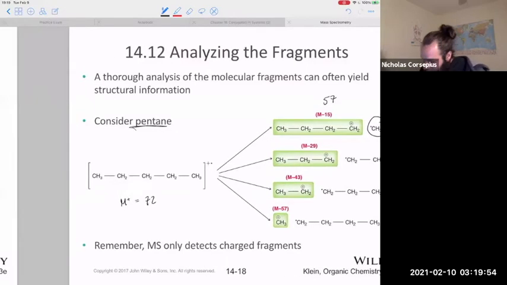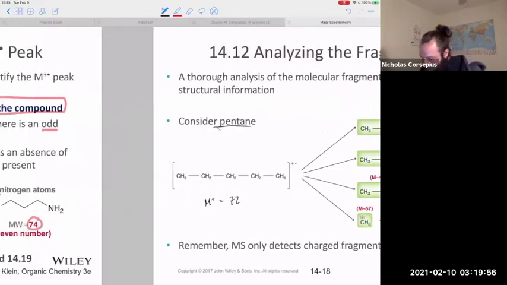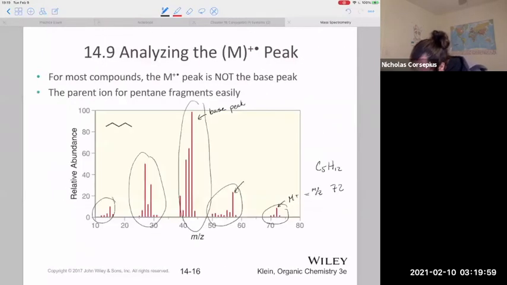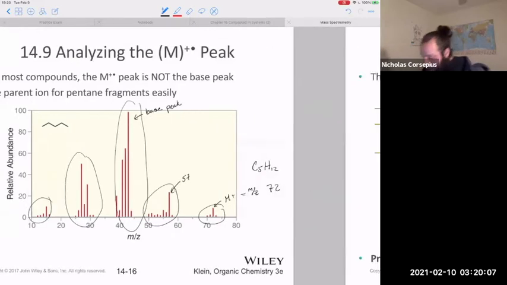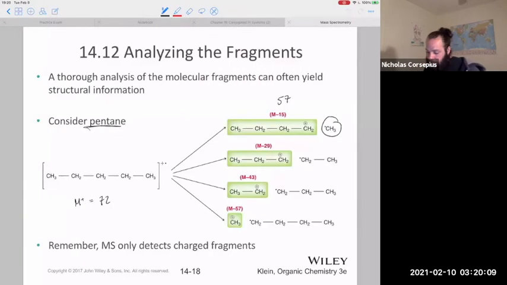Let's check that out real quick, and indeed, this guy right here is 57. Likewise, in the next chunk over, we have the molecular ion fragment minus 29. That 29 corresponds to this ethyl radical that popped off, so that would be 43.